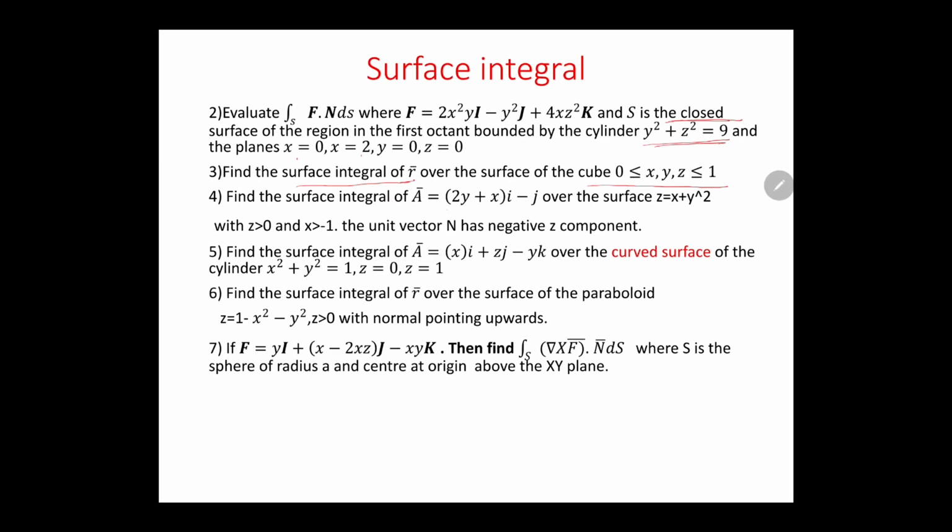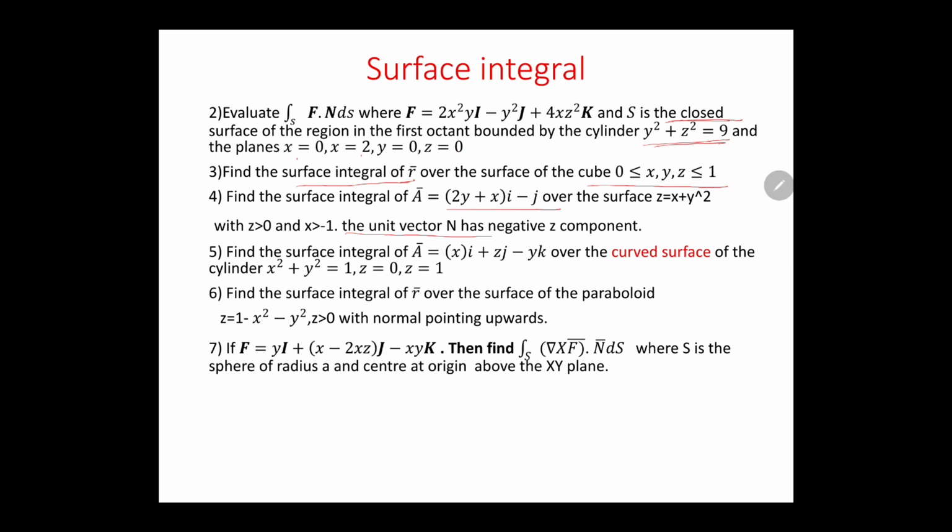Now find the surface integral of this over the surface z is equal to x plus y square, with z greater than 0 and x greater than minus 1. The unit vector n bar has a negative z component.